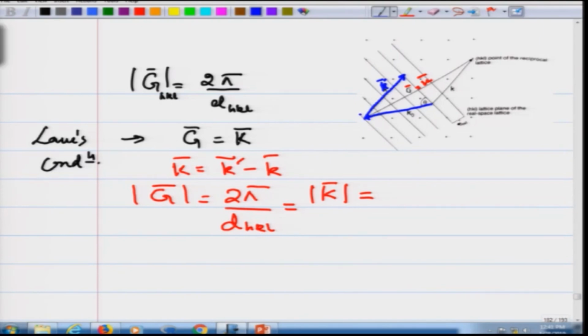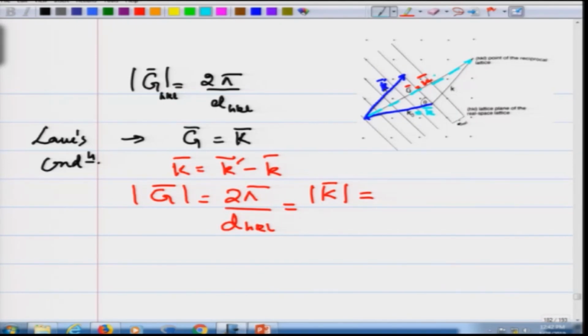So, now this vector K, which is your scattering vector, which is k naught minus k prime or incoming vector k minus k prime, this is also equal to what I am writing out here, small k.